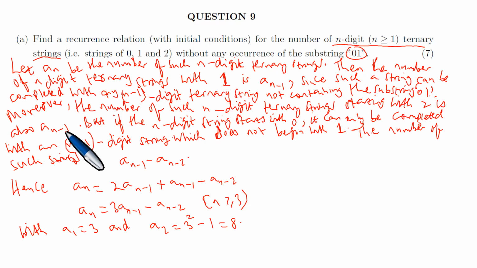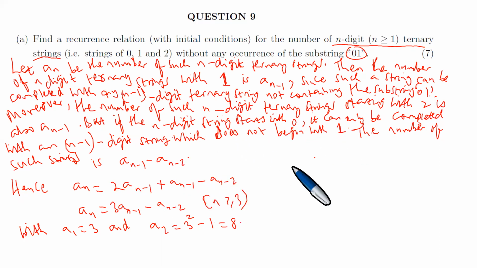Right? And moreover, so we have a_{n-1} and a_{n-1} for the 1 and the 2. And then now we look at those that start with 0. They can be completed like that. Okay, so you have a_n for the strings that begin with 0.